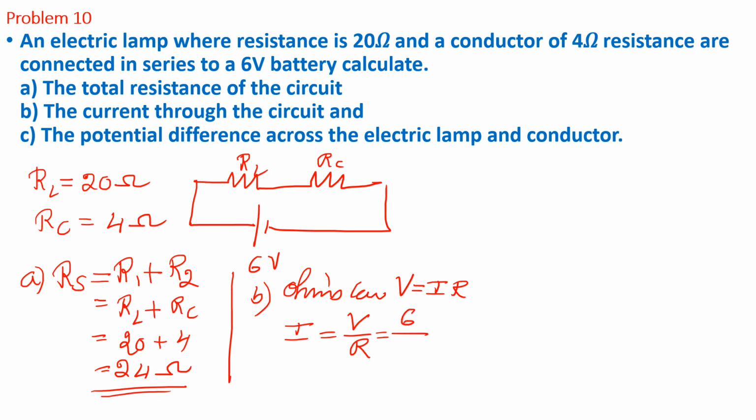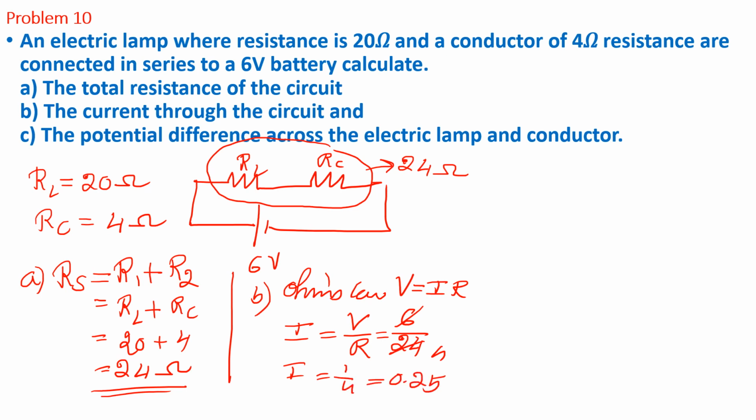So 6 divided by R. R is nothing but the effective resistance of the series combination of these two resistors. We have already calculated it as 24 ohm. So you need to substitute here. So that is 6 by 24, 6 ones are 6, 6 fours are 24. So I is equal to 1 by 4, which is equal to 0.25 amps of current will be the main current. That is the answer for the second sub question.